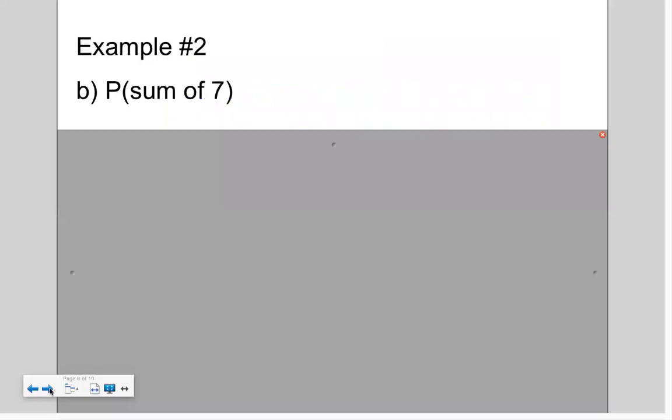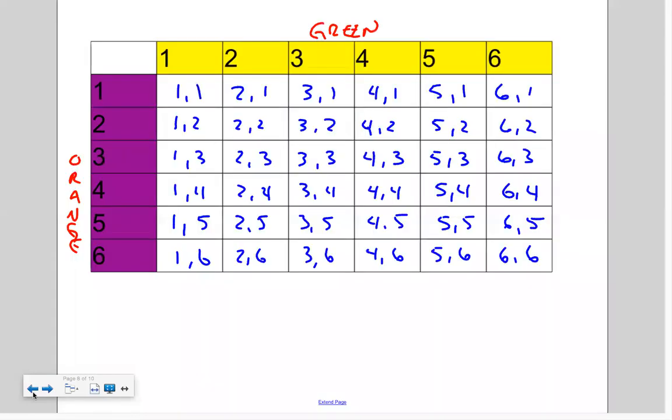What's the probability of getting a sum of 7? Now, if I just said you have 2 dice and asked the probability of getting a sum of 7, you'd have to think about it. Well, it's not that hard, because whatever number you roll on the first, there's one number on the second die that will make the sum equal 7.